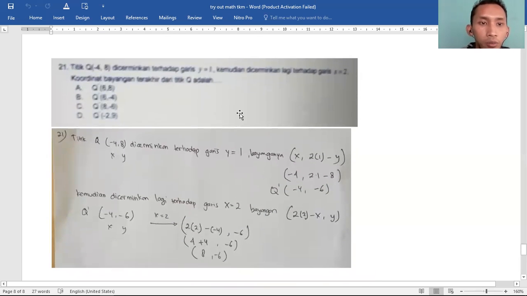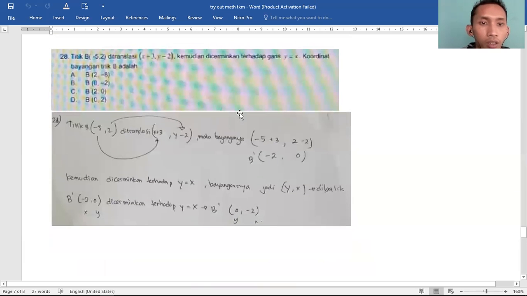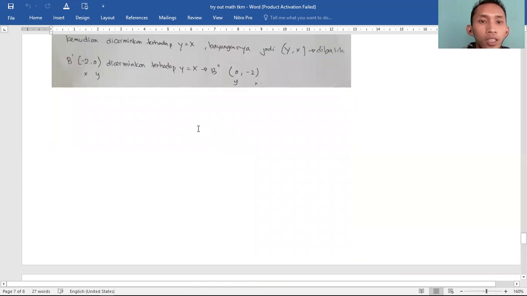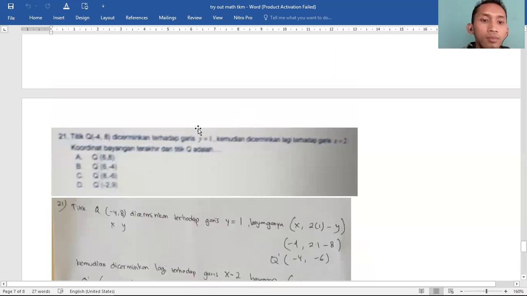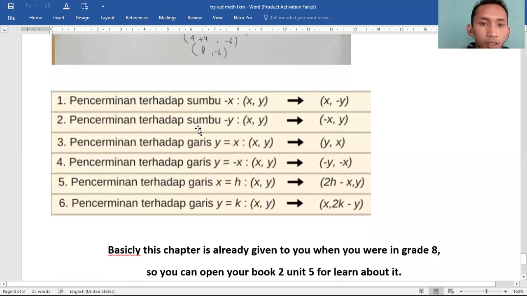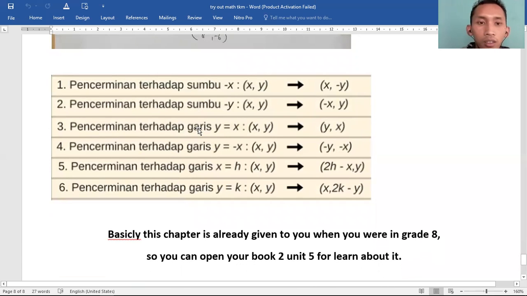Translation, I will refresh. Translasi itu cuman ditambahin, terus dilatasi itu dikalikan. Kalau pencerminan, I can write here. Kalau ada dicerminkan terhadap sumbu X, this is from the previous point. Jadi dari X, Y dia akan berubah jadi X, min Y. Ini formulanya.